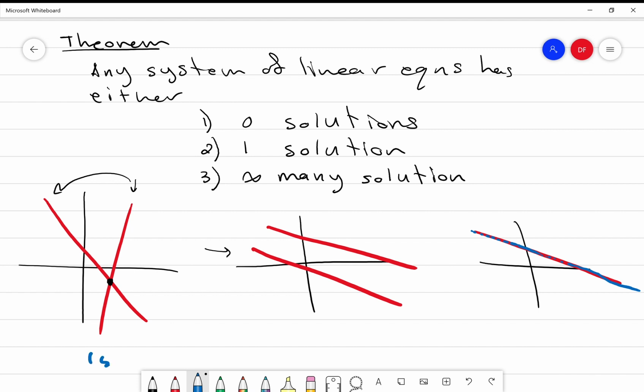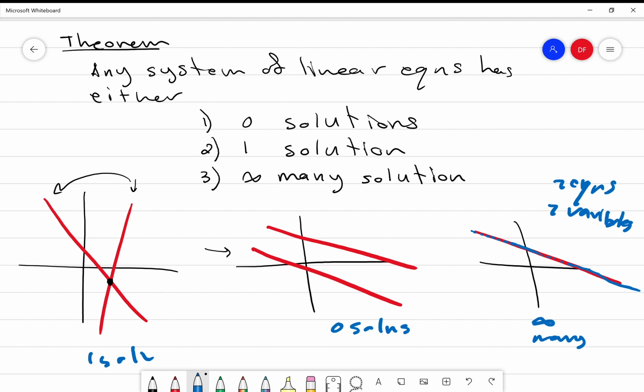So one solution, zero solutions, infinitely many. So this was when we had two equations, two variables.